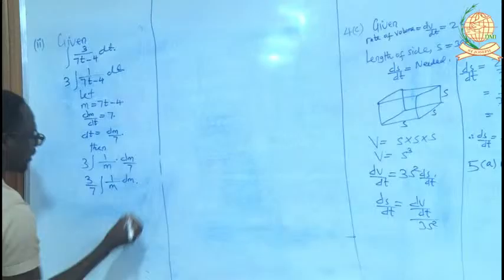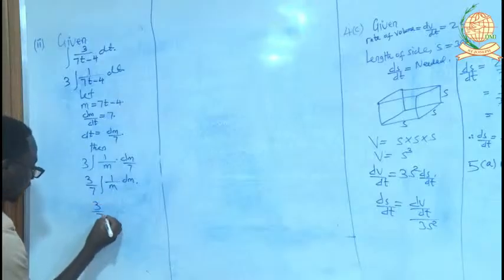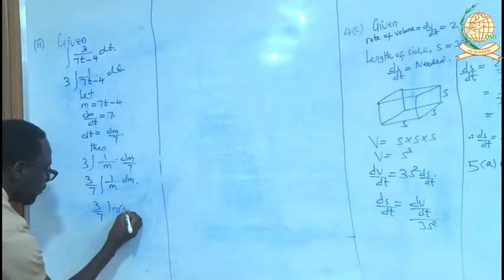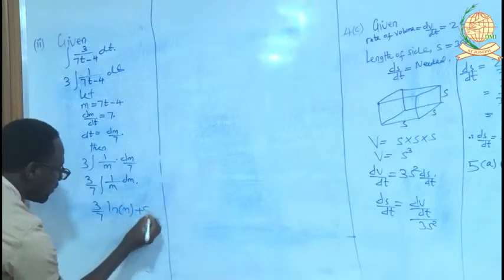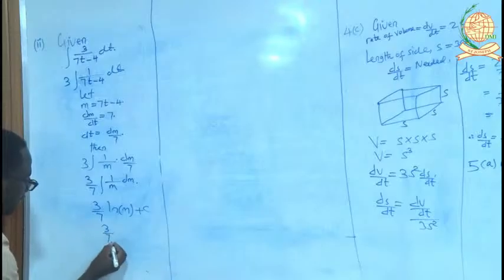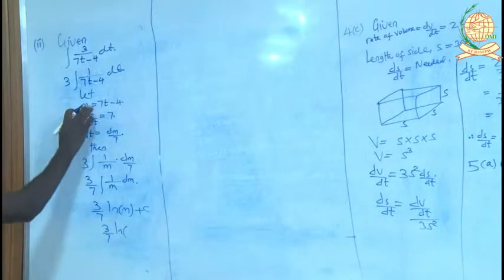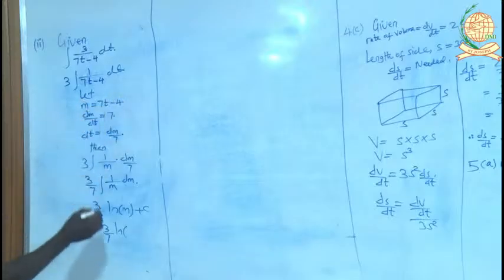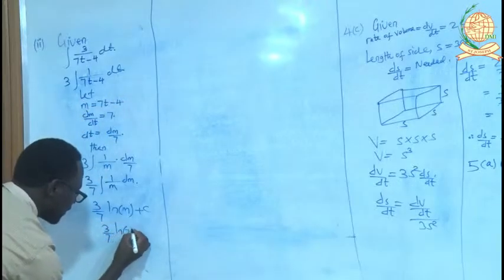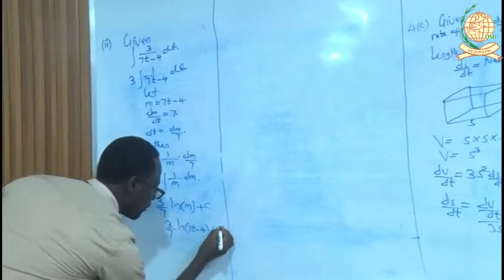Now to integrate 1 over m, we get ln. So it is ln m plus c. So it is 3 over 7 ln. What is m? m equals 7t minus 4, plus constant c.